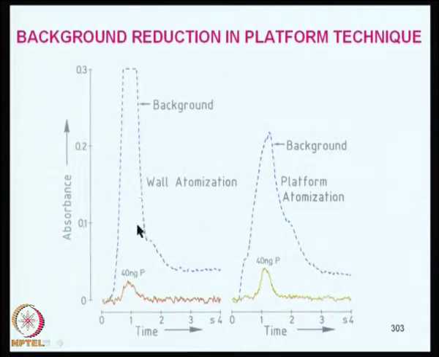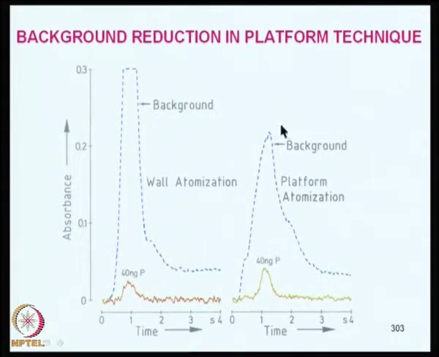See here, directly 40 nanogram of phosphorus: what you see at the bottom is the actual atomic absorption spectrum. People have done absorbance measurement with this curve, and you can look at the background. Background is 0.3, whereas for 40 nanogram the absorbance is only about 0.02 or 0.3. So, you can correct background up to 0.3 also.